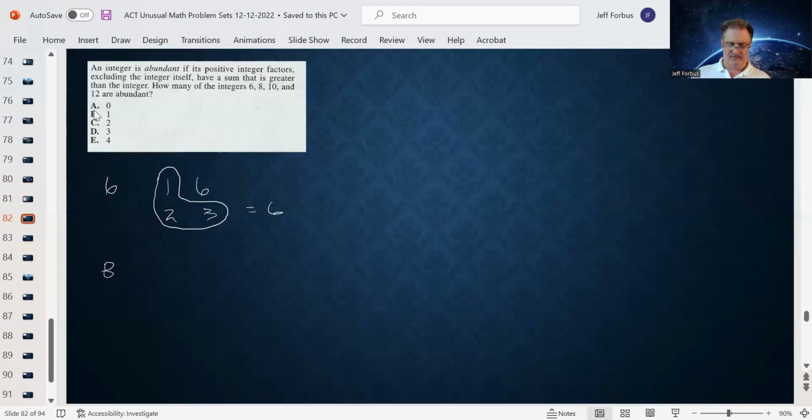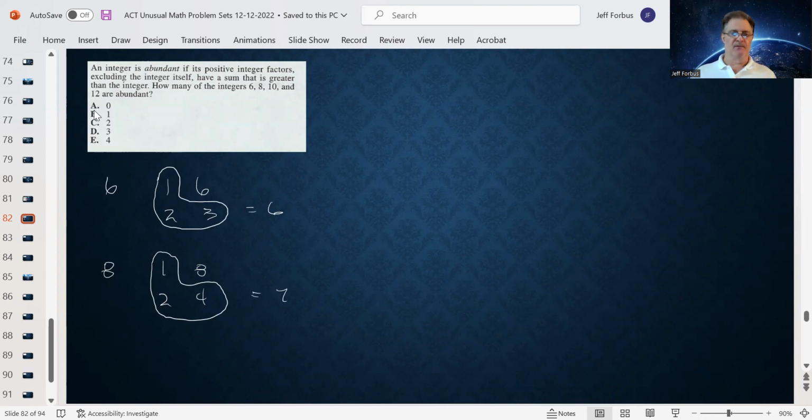Let's go to 8. The factors of 8 are 1 and 8, and then 2 and 4. We can't use 8, but we can use the remaining factors. 4 and 2 is 6, and 1 is 7. Now, is 7 greater than 8? No, it's not. So we can't use it.